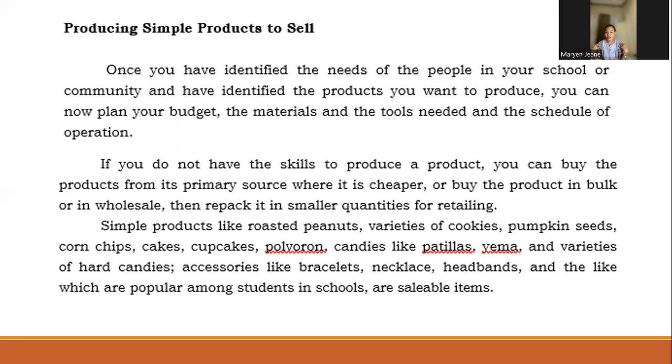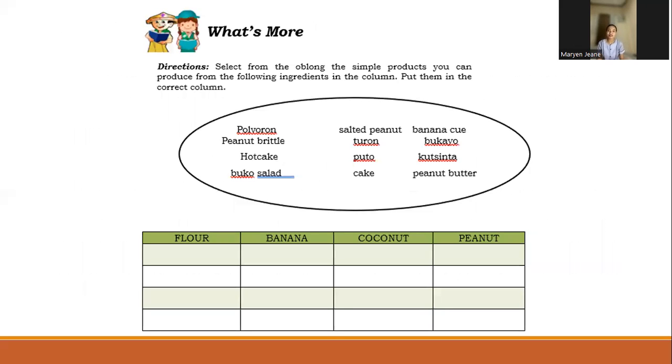For us girls, there are many online sellers in Facebook selling dresses, tops, and bottoms. There are also shoes, and some are selling their food products there in Facebook. We have some available snacks, or even fruits, they are posting online, no? So that's it. Now let's move on to the next activity that you are going to answer.